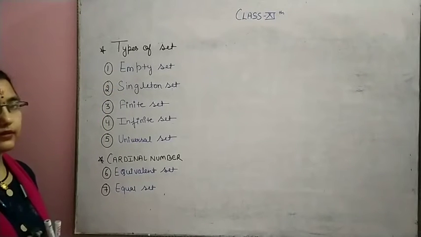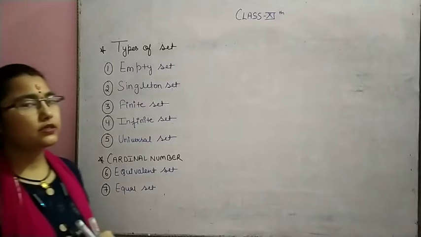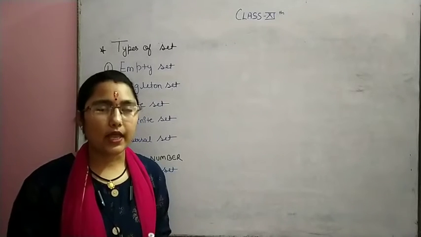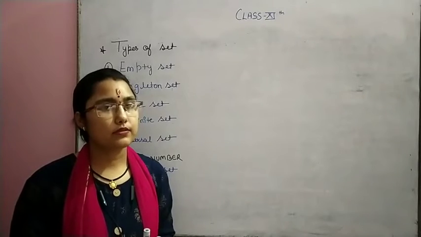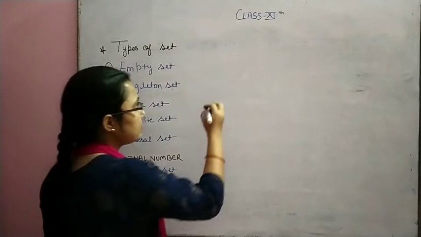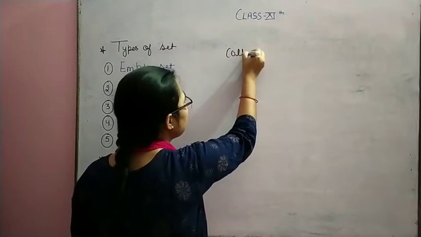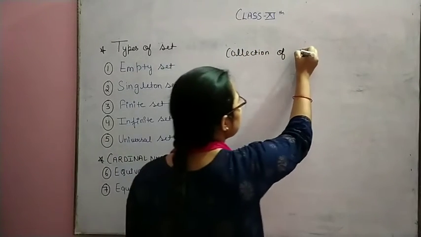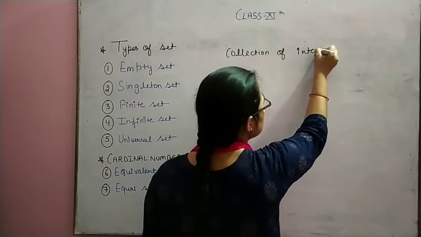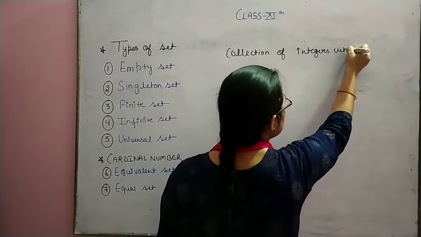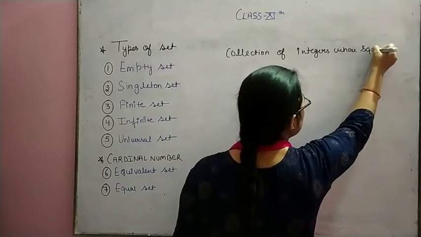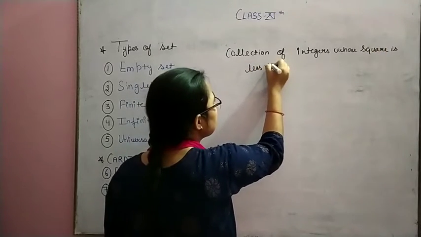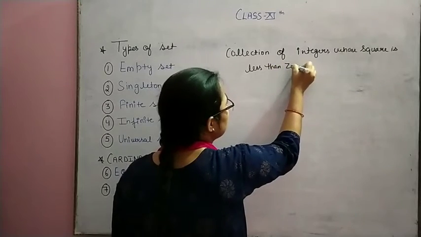So first, empty set. What is an empty set? A set which does not contain any element is called an empty set. For example, the collection of integers whose square is less than 0.